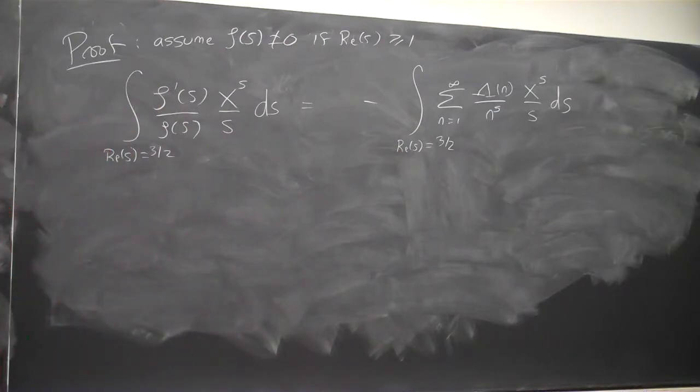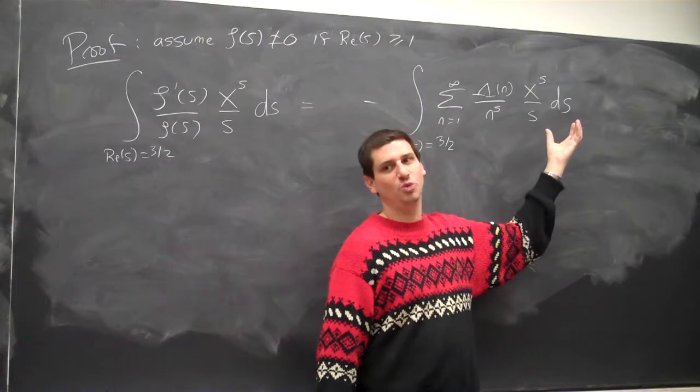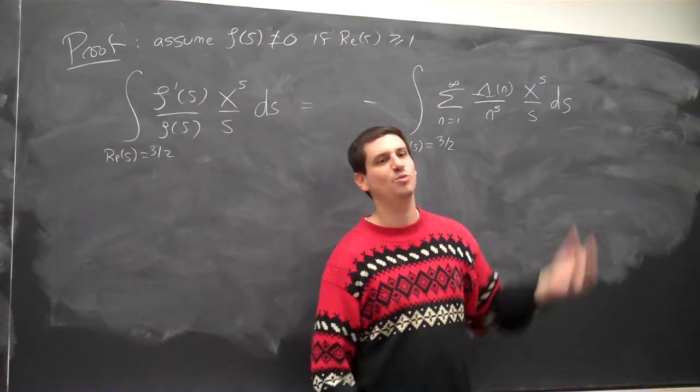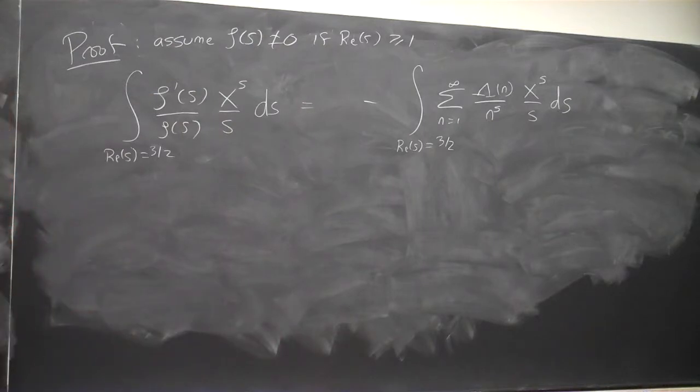What's the first thing you should ask yourself whenever you see a sum? Does it converge? So if I want this sum to converge, I want the real part of s to be greater than 1. So if the real part of s is greater than 1, then I have this expansion for zeta prime over zeta. Okay?